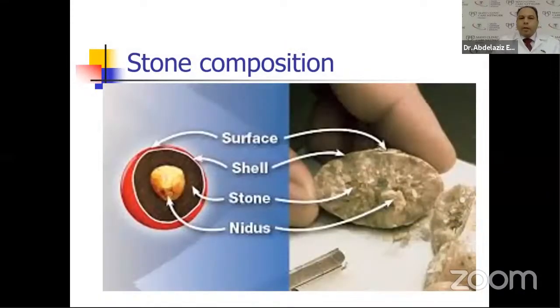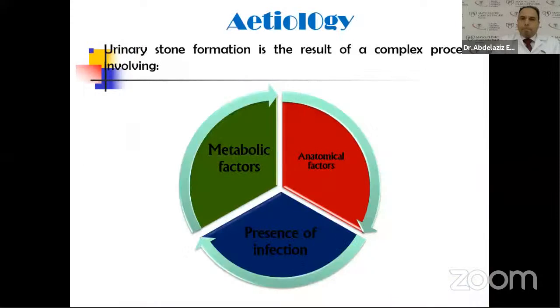Grossly, the stones appear as surface, then shell, then the stone material, and in the middle there is the nidus. Urinary stone formation is the result of a complex process involving metabolic factors, anatomical factors, and presence of infection.